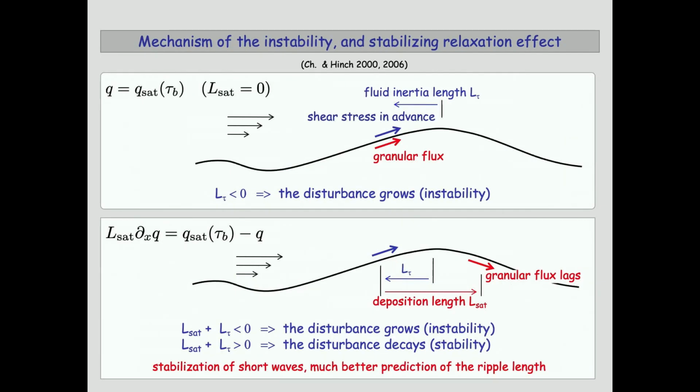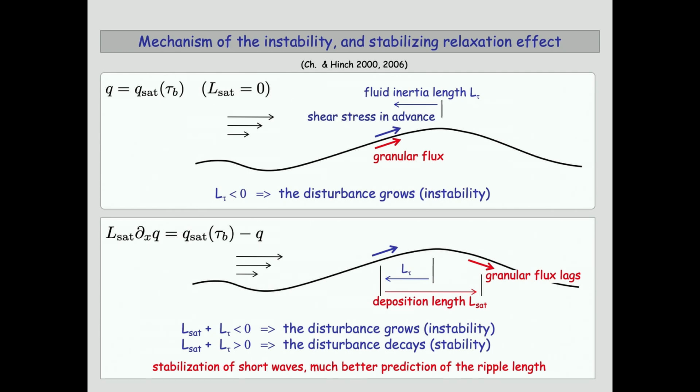So now we have the flow, we have the particle motion. We combine the two to form ripples. On the side of the fluid, the shear stress, as we see, is in advance with the bed elevation. So we can define some fluid inertial length between the maximum of the elevation and the maximum of the shear stress.